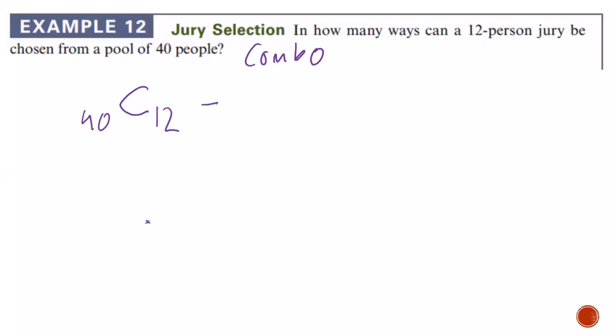So using that formula, you could just type that in your calculator. Or what would be the two factorials down here? They would be 12 and 28. Really easy if you just remember the formula.